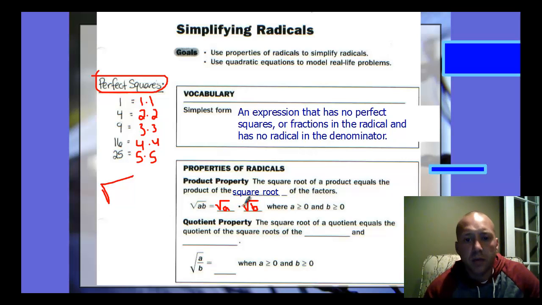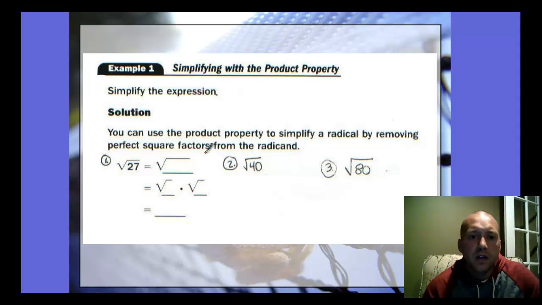So we can break this up. These are some properties similar to the exponent rules that we can use with square roots. The same thing works with quotients. We can break this up as the square root of a over the square root of b. So we can separate those as their individual roots. We can use that to help us simplify.